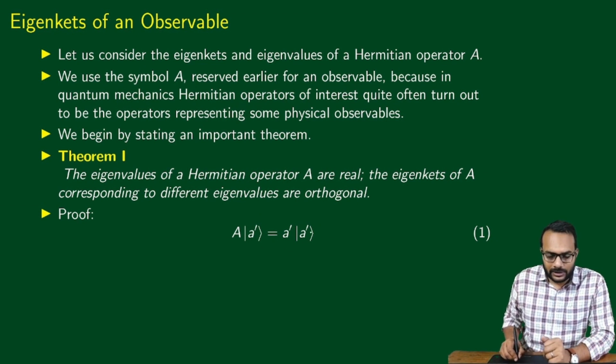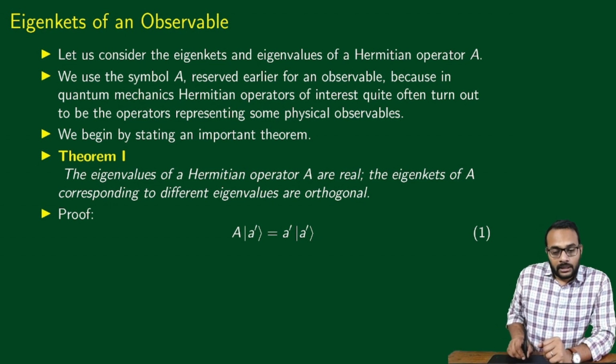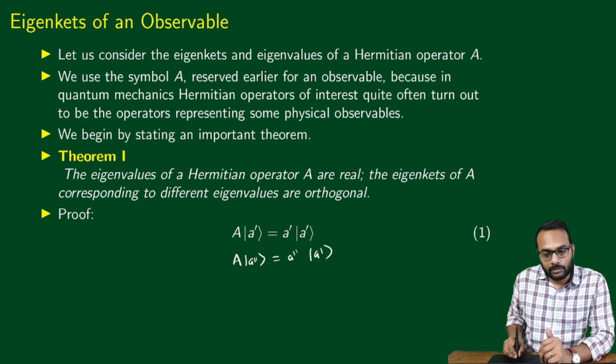Here we are using the notation that the eigenkets are labeled by the eigenvalues. We can say ket a prime is the eigenvector corresponding to the eigenvalue a prime of operator A. So we are labeling kets by the eigenvalue of operator A. Now you could write another eigenvalue equation with a different eigenvalue, a double prime.